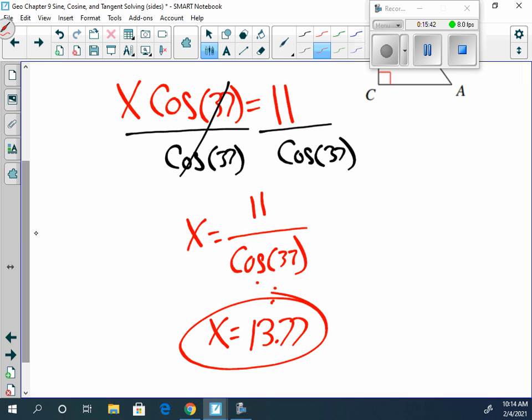Now, should this number, when we solve for these here, this setup, well, the number we get, should it be bigger than the side lengths that were given? Why is that? It's the hypotenuse. We're solving for the hypotenuse, yes? So that number should always be bigger than any of our side lengths.